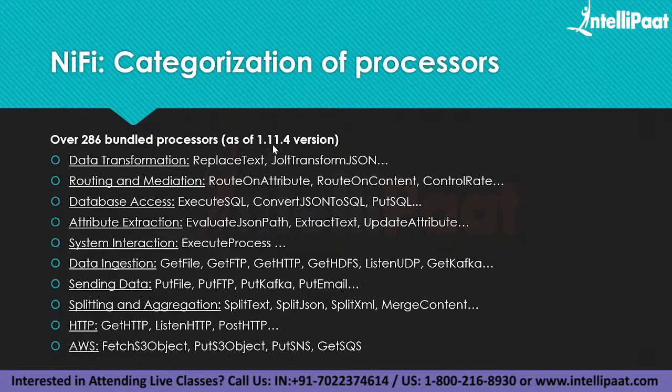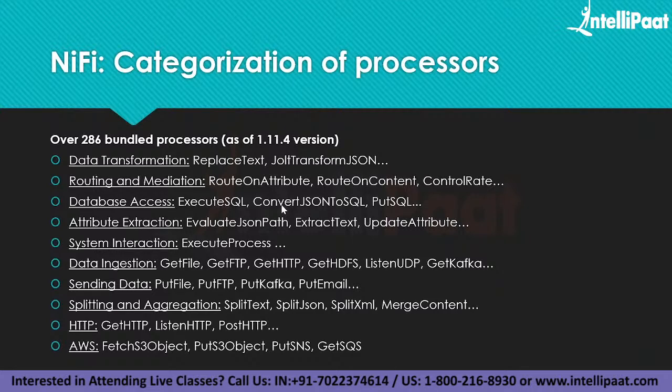So if you see, I'm using NiFi version 1.11.4. Here we have 286 bundled processors. Now, of course, it's not possible to go out there and discuss each one of them. But if you see, there is some sort of categorization. This is how the categorization looks. You've got data transformation, routing and mediation, database access, attribute extraction, and then some of the examples out there.